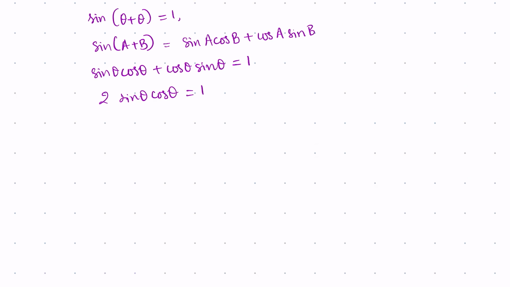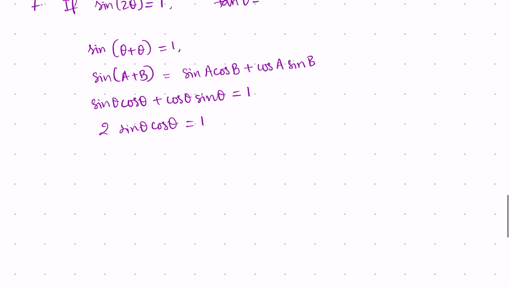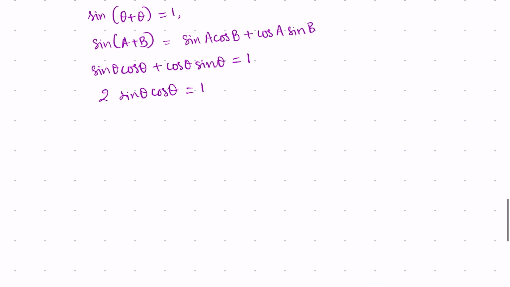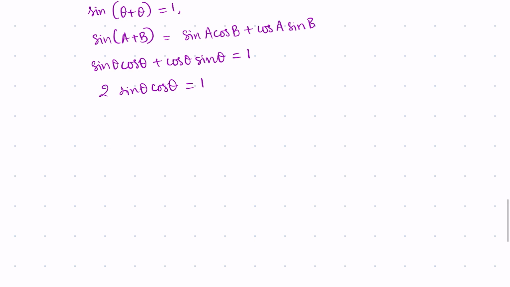Right? So now we want to convert it somehow into tan theta, for example, or that's what we're asked for. So how might we convert this into tan theta? Tan theta, if you recall, is nothing but sine theta by cos theta.